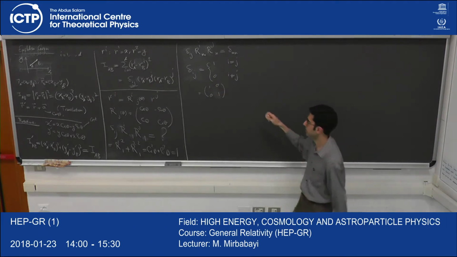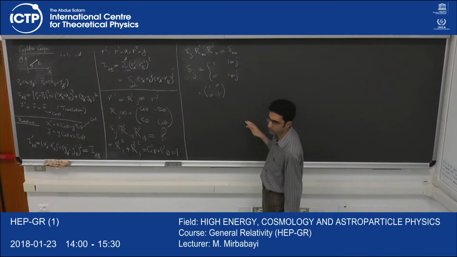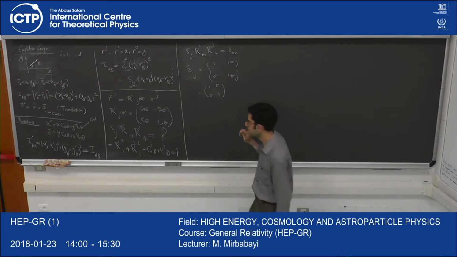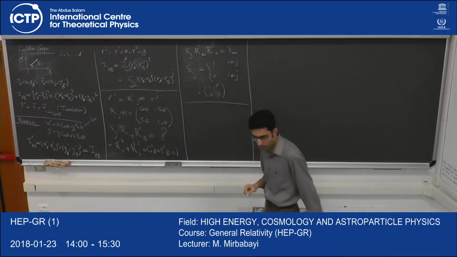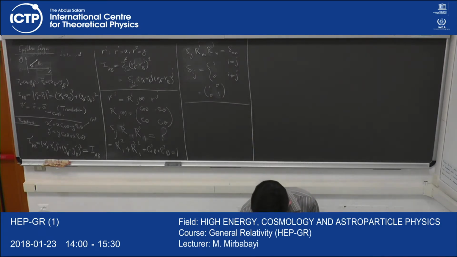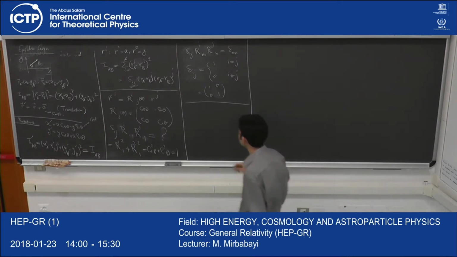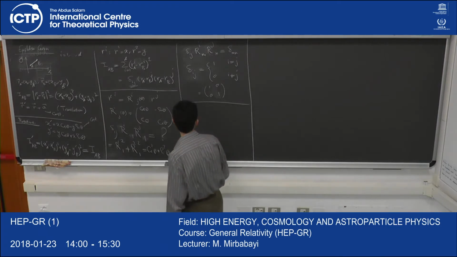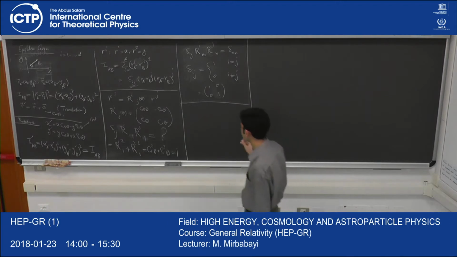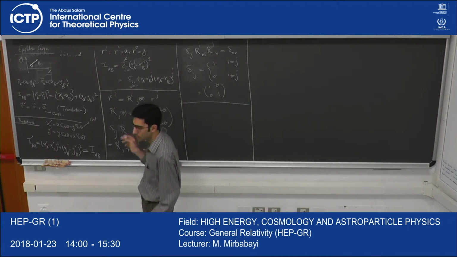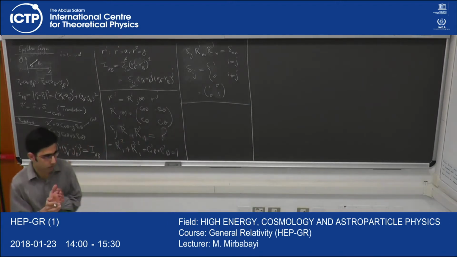In higher dimensions, there will be more 1s on the diagonal and 0s everywhere else. Okay, so this was so far the review of Euclidean geometry.